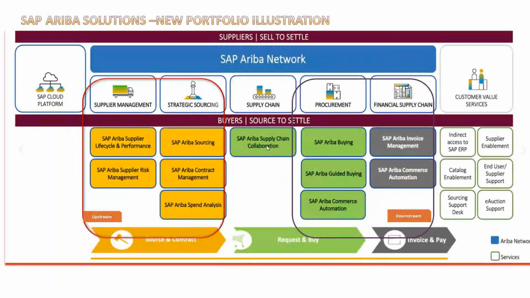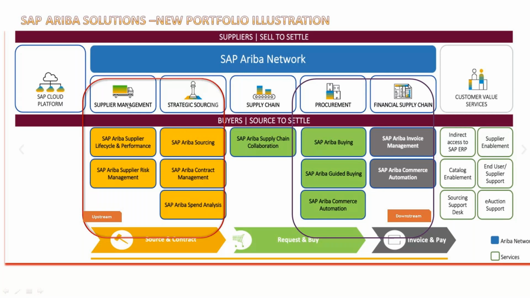Okay, so this is how the illustration or the portfolio looks. This is completely our cloud platform, where there will be the Ariba network where the suppliers and buyers connect together. And these are the modules like supplier management and strategic sourcing. Strategic sourcing covers our sourcing, contract, and spend part.